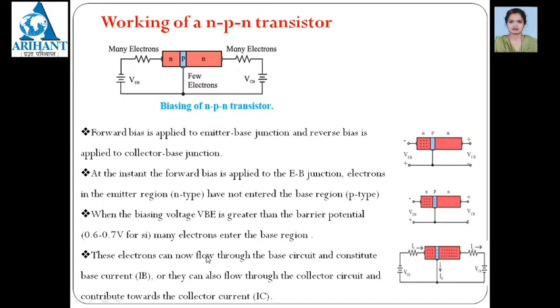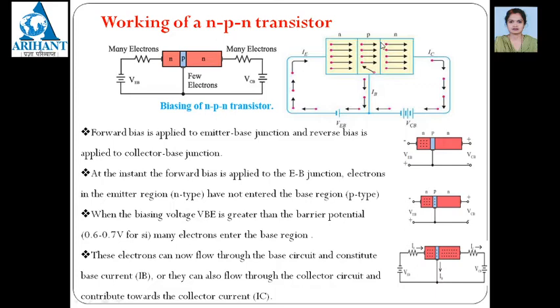Now these electrons can flow through the base circuit and constitute base current IB. Now these electrons form the base current IB. Or they can also flow through the collector circuit, or many of the remaining electrons go to the collector side and form the collector current IC. Likewise it gives current IB and current IC because of the passage of these electrons from the emitter to the base and remaining electrons to the collector.